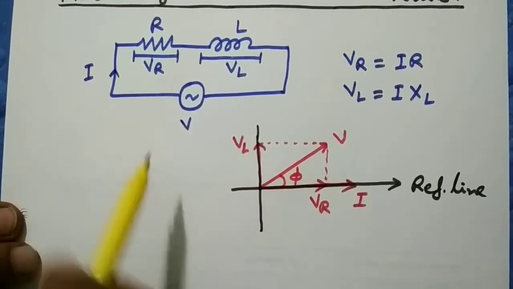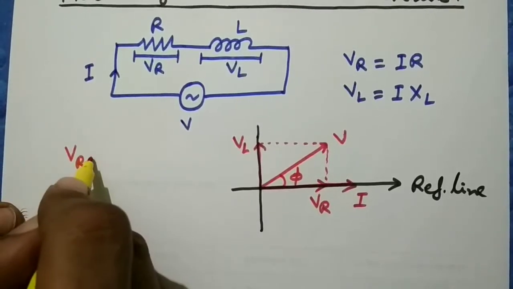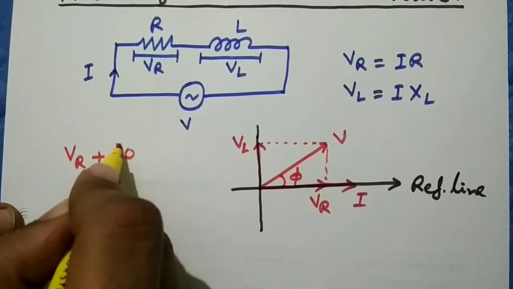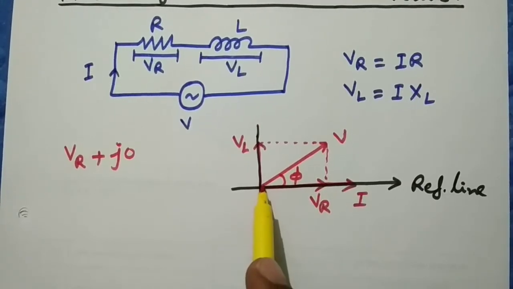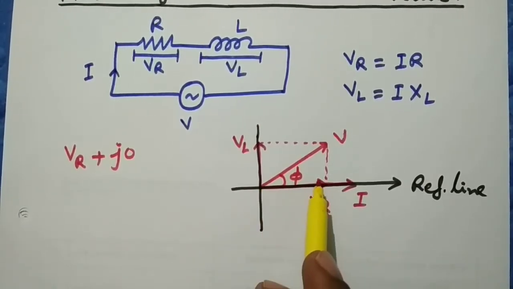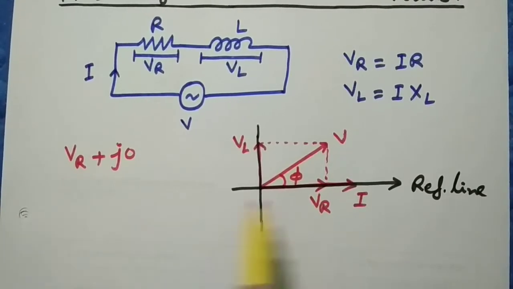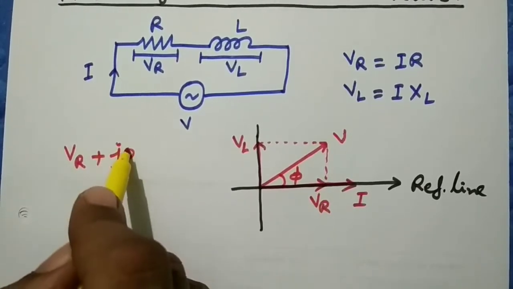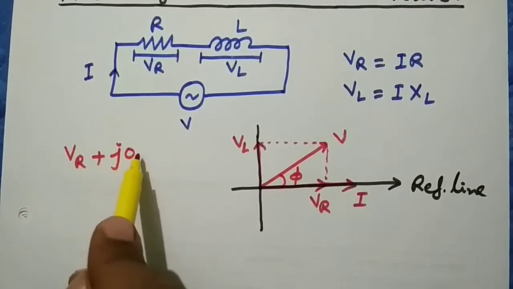Therefore, the voltage drop across the resistance can be written as VR plus j0, because the voltage drop across the resistance is along the x-axis, and in phasor algebra the parameter which is along the x-axis or along the real axis is considered as a real number, that is VR, and the y component of VR is 0. That's why I have written it as j0. So we can say this is the voltage drop across the resistance.